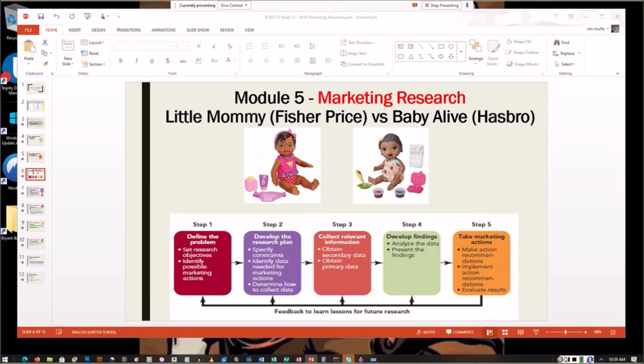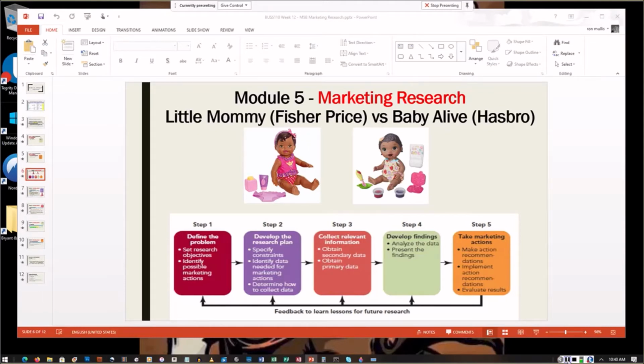Based on Fisher Price having problems keeping up with the competition, we're going to use the 5 steps of marketing research to see how they decided to either stay in the market or get out of the market. So step 1 is to define the problem.